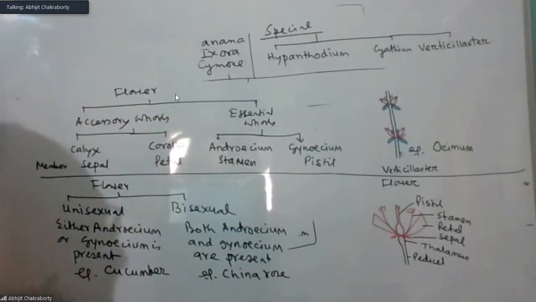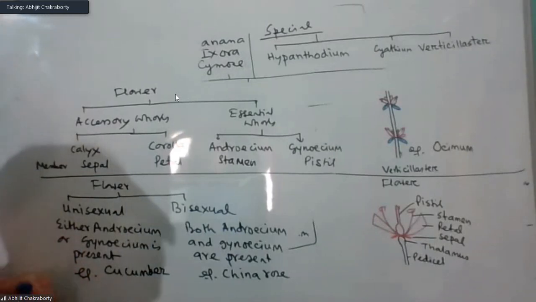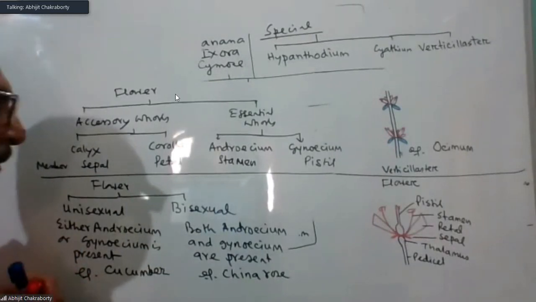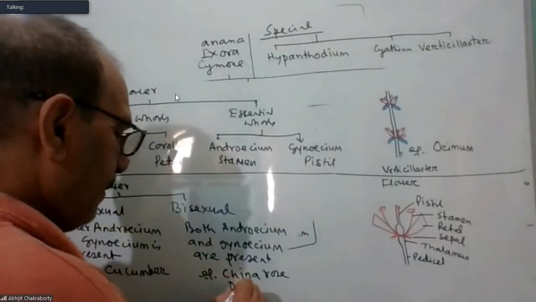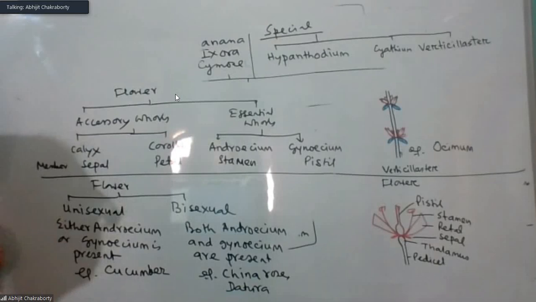Unisexual means, in case of cucurbita flower, you will get androecium or gynoecium, one of them. But in China rose, in datura, you will get both androecium and gynoecium together. So they are bisexual flowers.